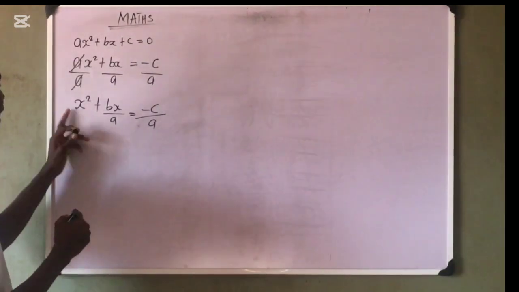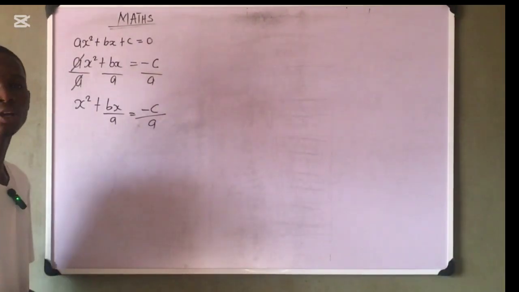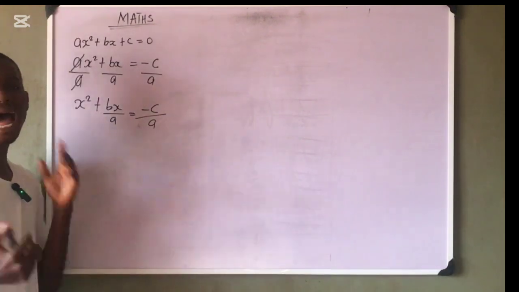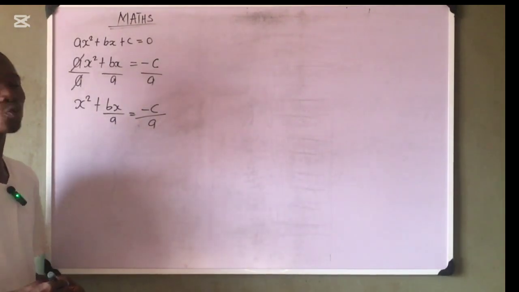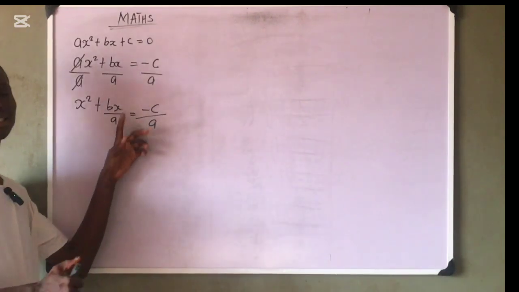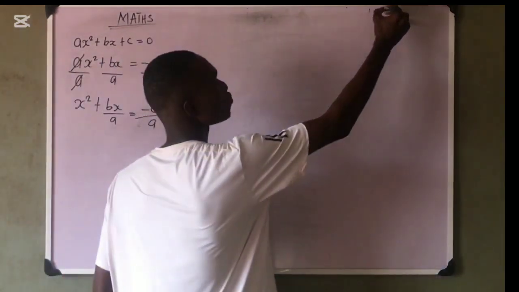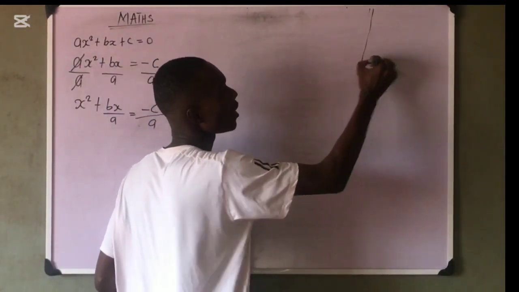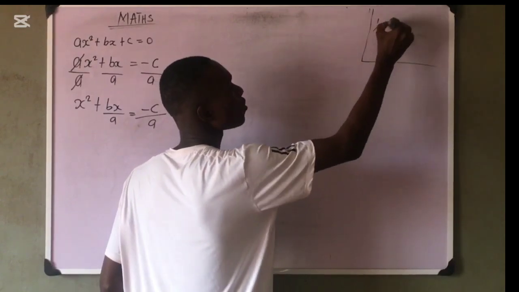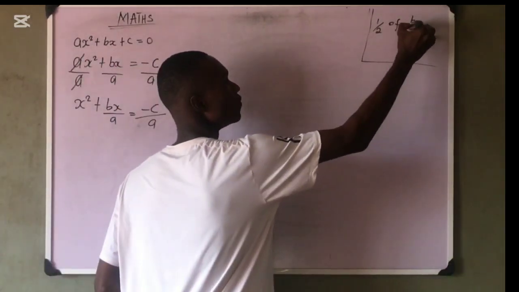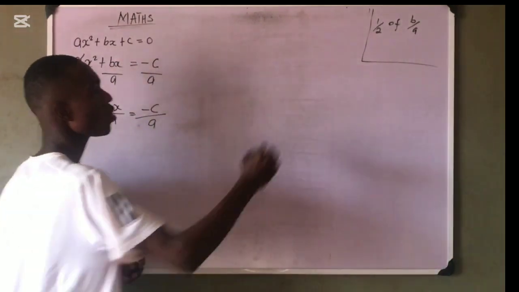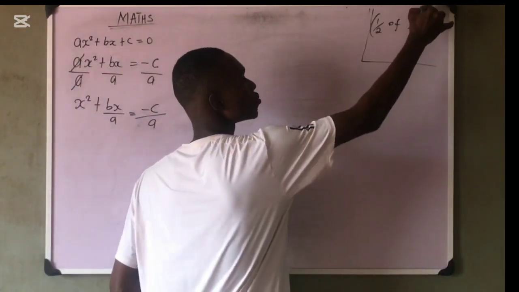Then the next step in completing the square method is to add to both sides the half square of the coefficient of x. Look here, I will have half of the coefficient of x, which is b over a, all squared.